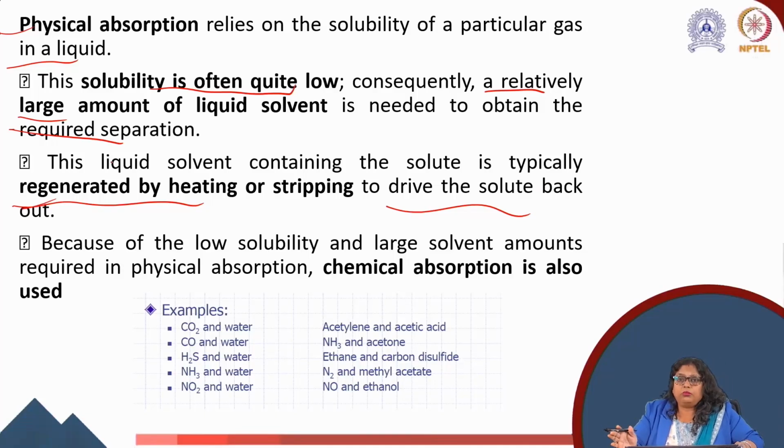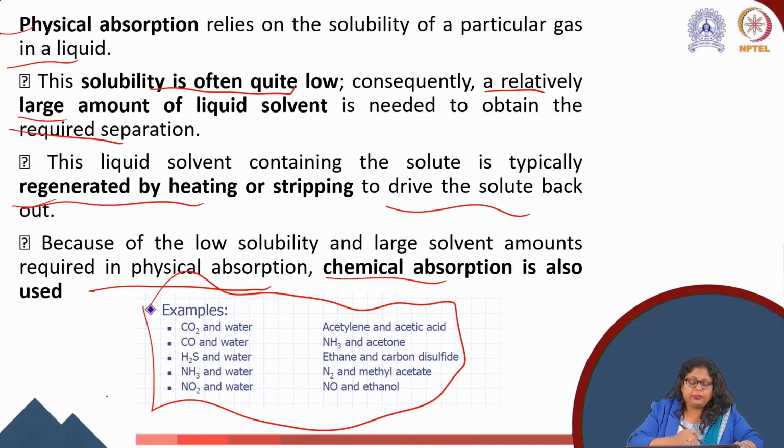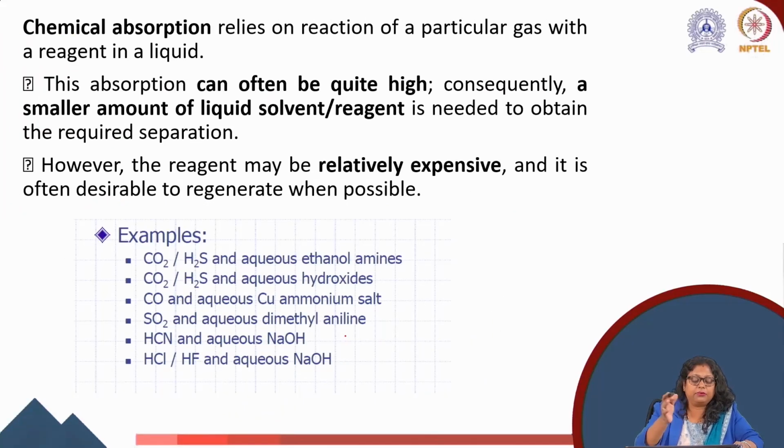Because of the low solubility and large solvent requirement in physical absorption, we also proceed with chemical absorption, which is very commonly used. Some examples of physical absorption are CO2 and water, CO and water, H2S and water. There are a couple of examples where we use physical absorption.